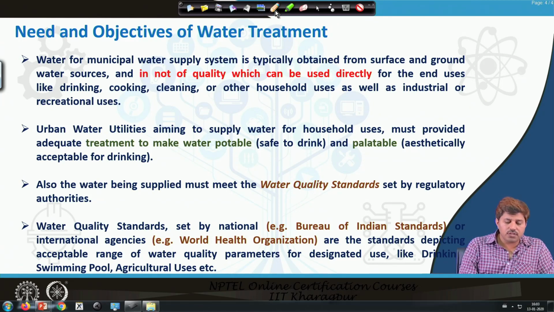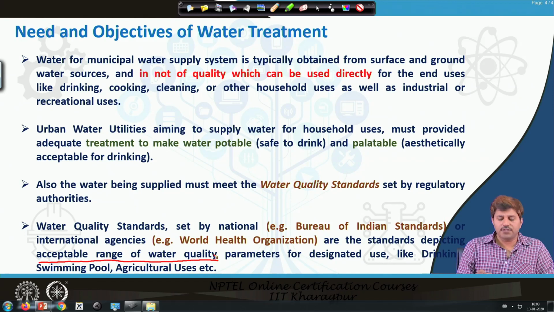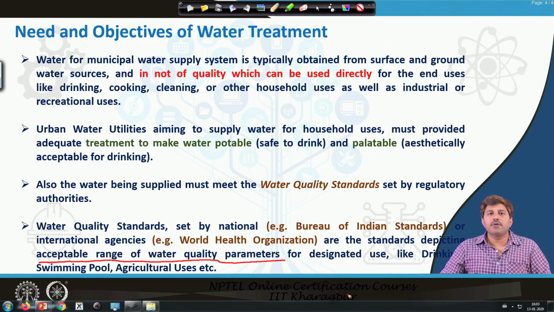For some of those parameters, these standards guide what the acceptable range is for the designated use. If we are talking about drinking water, what is the acceptable range of the water quality parameters? What is the acceptable range for swimming pools, for agricultural uses and so on?